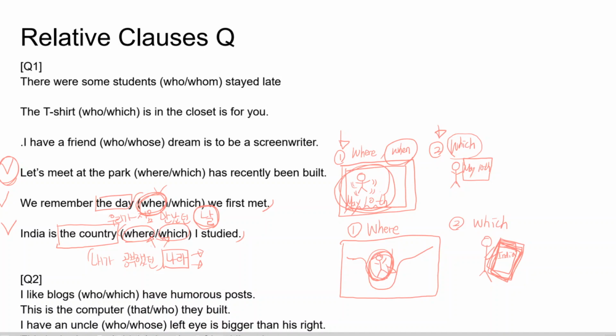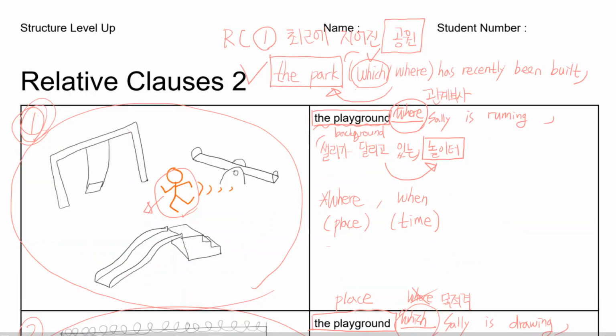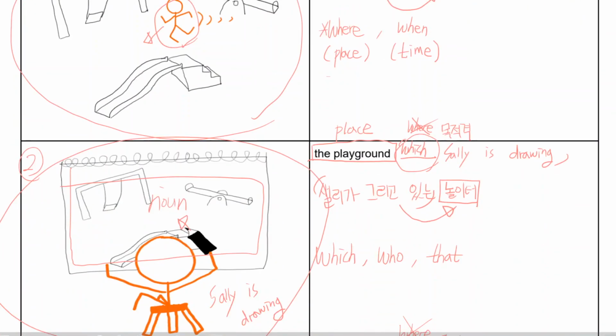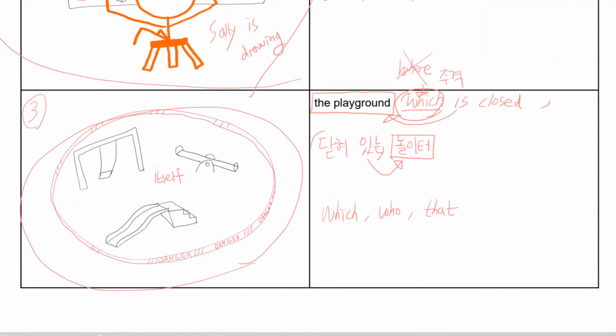We can actually make a difference between these two. But in Korean, we just say 내가 공부했던 나라, and it could mean either of these two things. So we cannot really know if you don't know the context. That's funny, right?